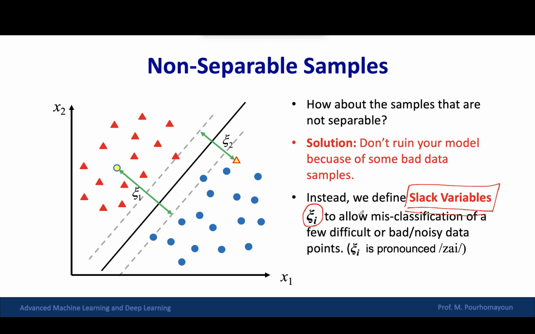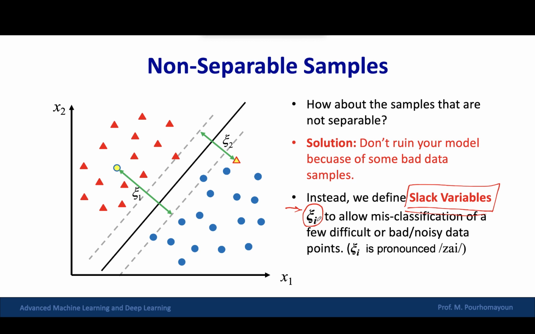The first people that developed this algorithm used this letter, and other people after that all used this letter. So this is a pretty standard letter to show this slack variable. It will allow my machine learning model to do some misclassifications, okay?